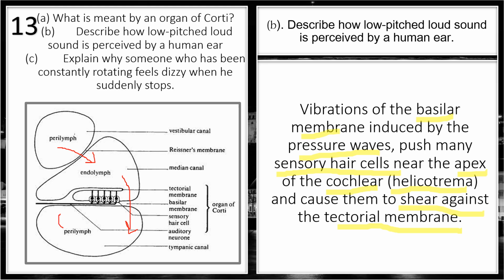Now, when it is passed over to the basilar membrane, on the basilar membrane, there are very many sensory hair cells. These ones that we are seeing here are the sensory hair cells, which are squeezing or shearing against the tectorial membrane. The tectorial membrane is above.